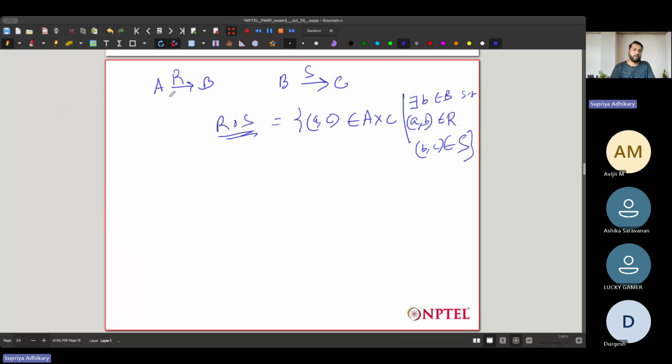That is, in order to have a relational mapping from A to C, we must have an intermediate element b in the set B, such that a is related to b and that particular b is related to c. Then we say that this pair (a, c) is in the relation R composition S. So this is how the composition of relations works.